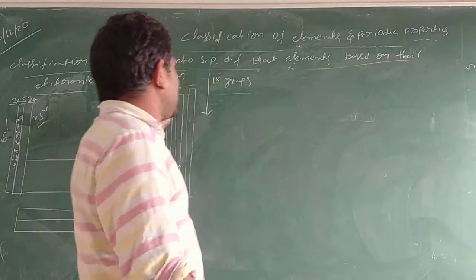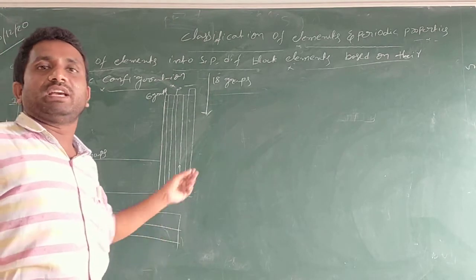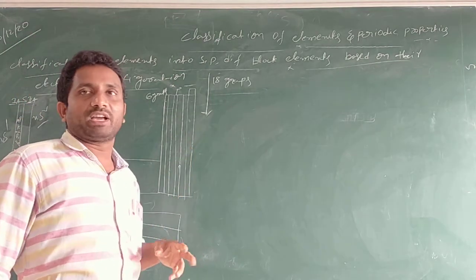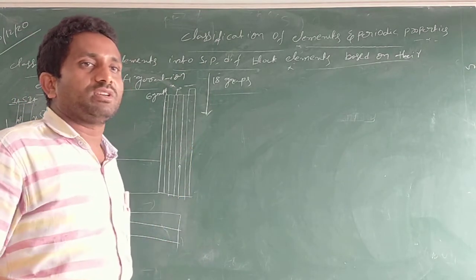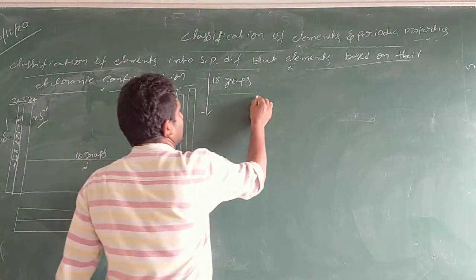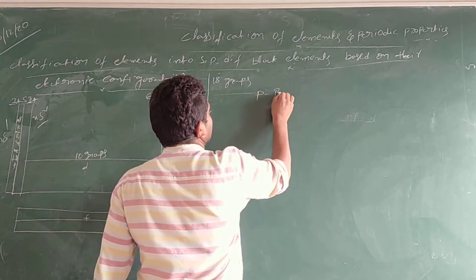Okay, next the P block. Already we discussed the S block elements. The elements in which the differentiating electron enters the valence shell s orbital are known as S block elements. Next we discuss the P block elements. What is meant by P block elements?